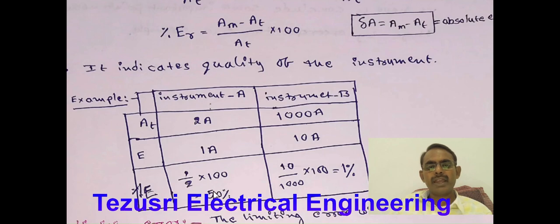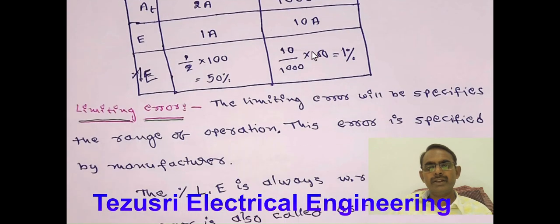Instrument A has 50% relative static error. Here for instrument B, error by true value into 100, instrument B has 1%. That means instrument B is a good instrument compared with instrument A. Percentage of error is low here.